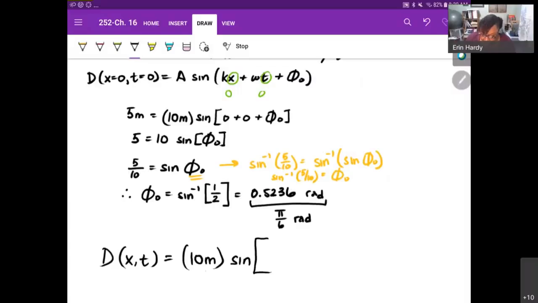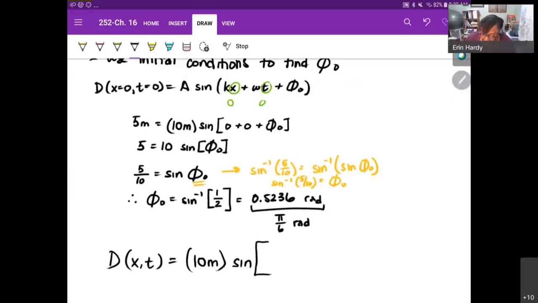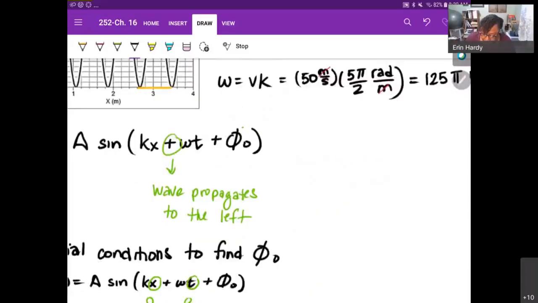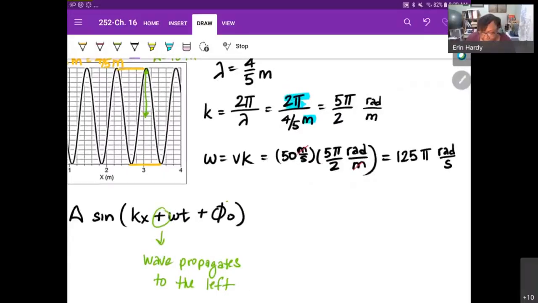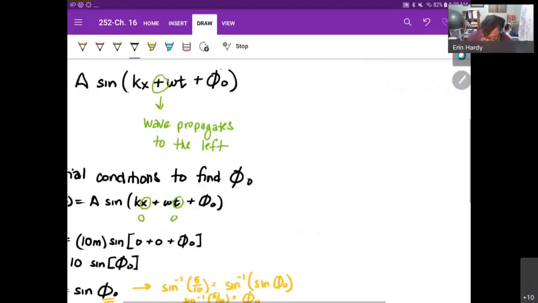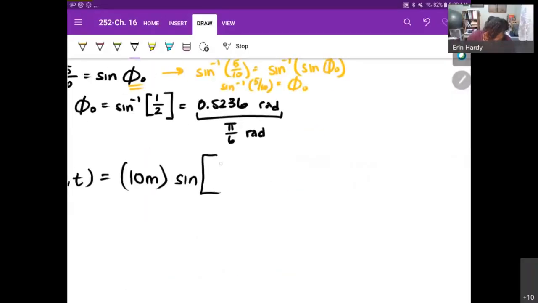K times x. And just as a reminder, we determined that K was 5 pi over 2 radian per meter. So let's put that in: 5 pi over 2 radian per meter. That's going to multiply by our variable x.